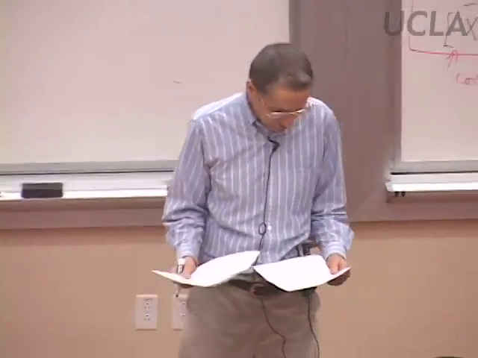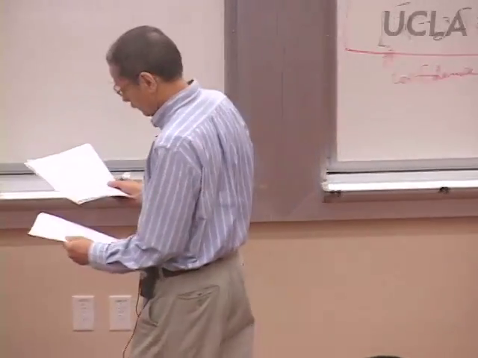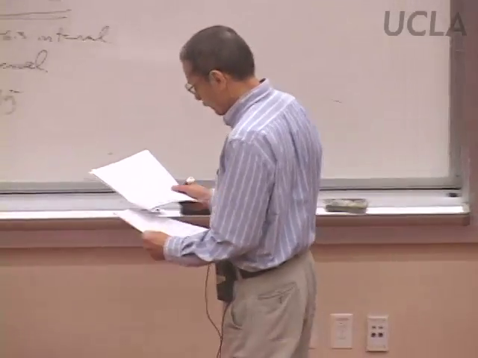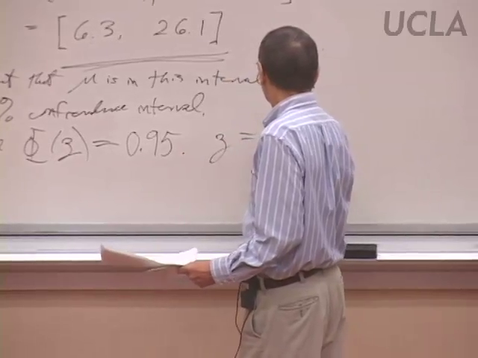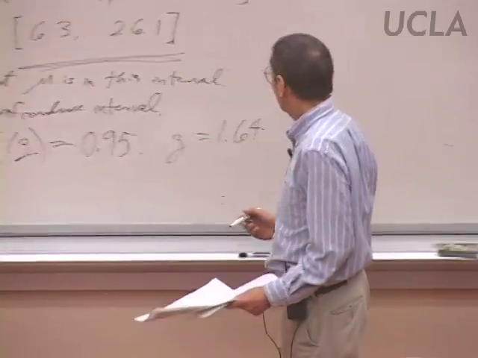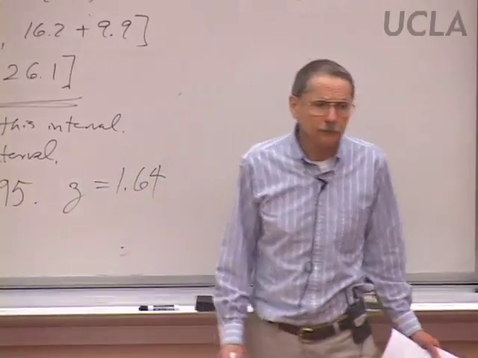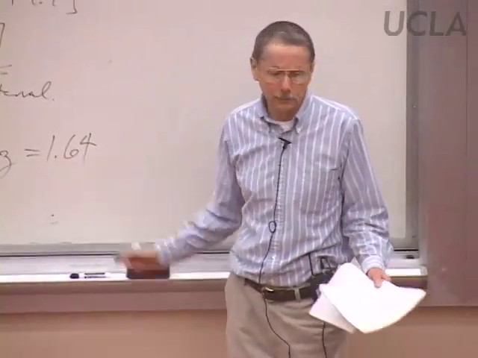Well, so we look through our table. What number could we put into the table to get 0.95 out? And the thing that comes closest is 1.64.